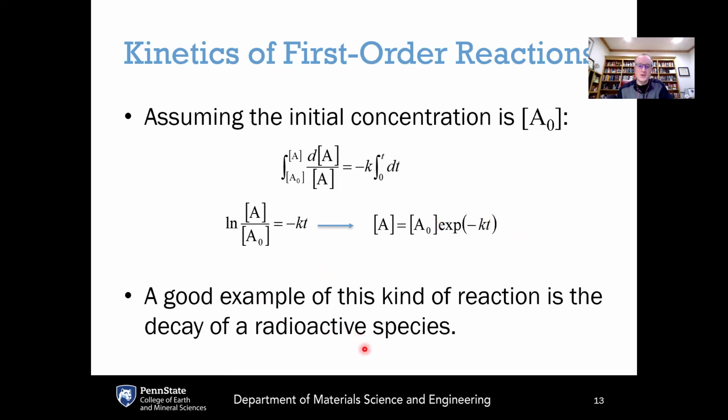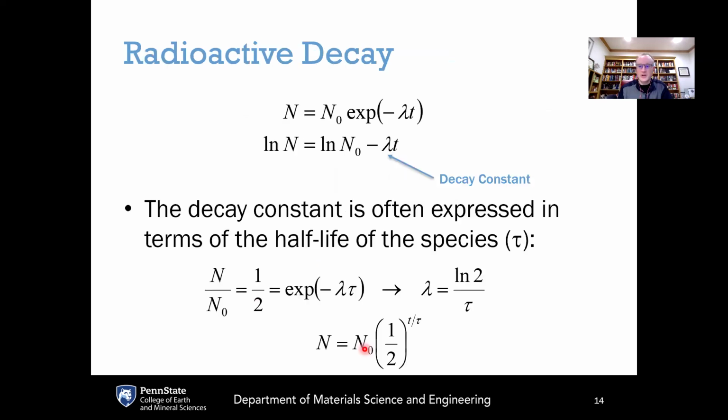A good example of this kind of reaction is the decay of a radioactive species. So for example, what if we have some initial concentration N0 of a radioactive species? Over time, the concentration of that species N is equal to N0 times our exponential decay, which is e to the minus lambda times t.